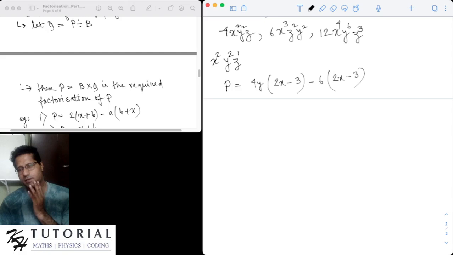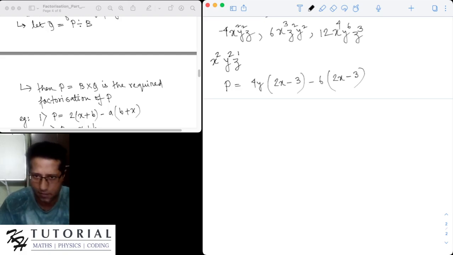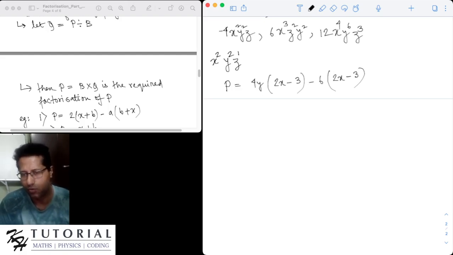So you can clearly see that all the terms have 2x minus 3 as a common factor, and 2x minus 3 is a binomial. It has two terms, 2x and minus 3. So from this polynomial, I can clearly say that the common binomial, which is a common factor of all the terms of the polynomial p, is equal to 2x minus 3.